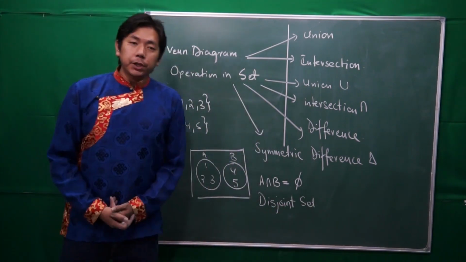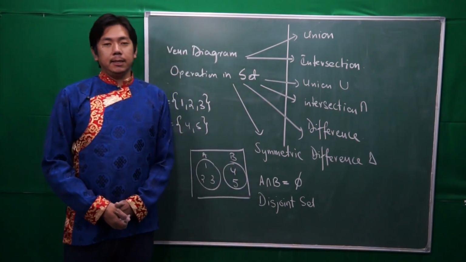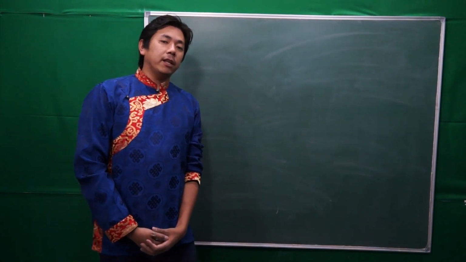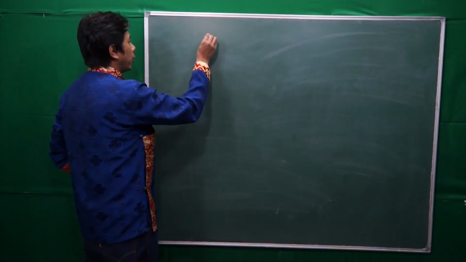So based on the operation, we have another type of set which is known as a disjoint set. Is it clear? Okay. Next we are going to do laws of algebra, but before that we missed out a small operation which is known as complement.